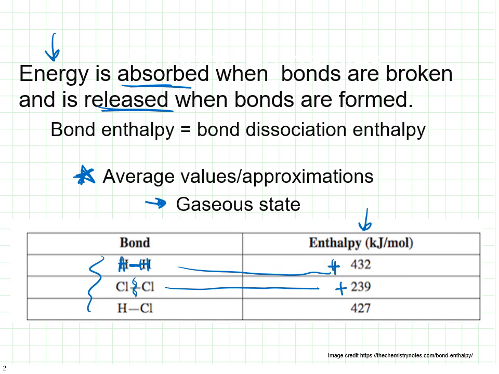If I wanted to make bonds between hydrogen and chlorine, energy is released when bonds are formed, so we would release 427 kilojoules of energy. That is a negative because it's exothermic, and we know that exothermic is a negative delta H.